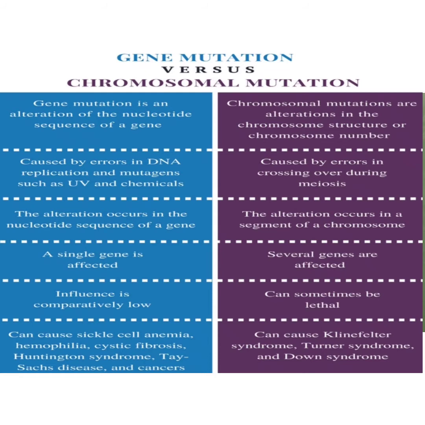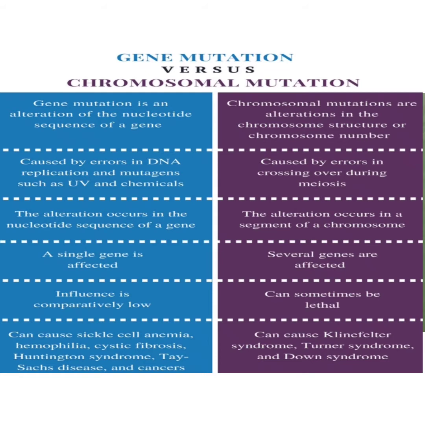In gene mutations, the alteration occurs in the nucleotide sequence of a gene, whereas in chromosomal mutations, the alteration occurs in a segment of a chromosome. In gene mutation, a single gene is affected, whereas in chromosomal mutation, several genes are affected.